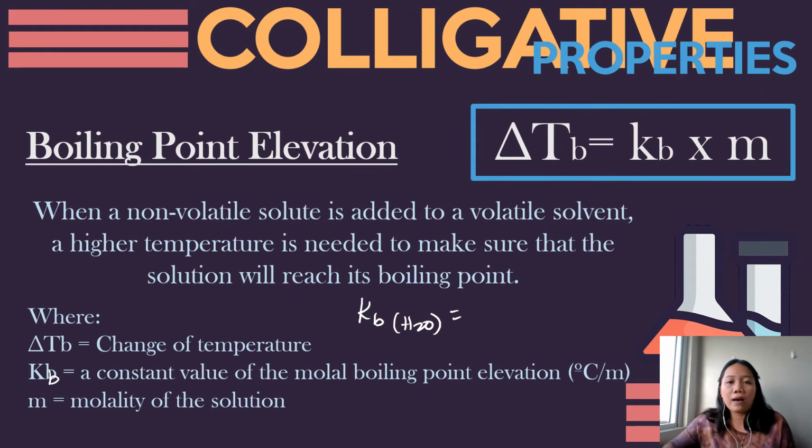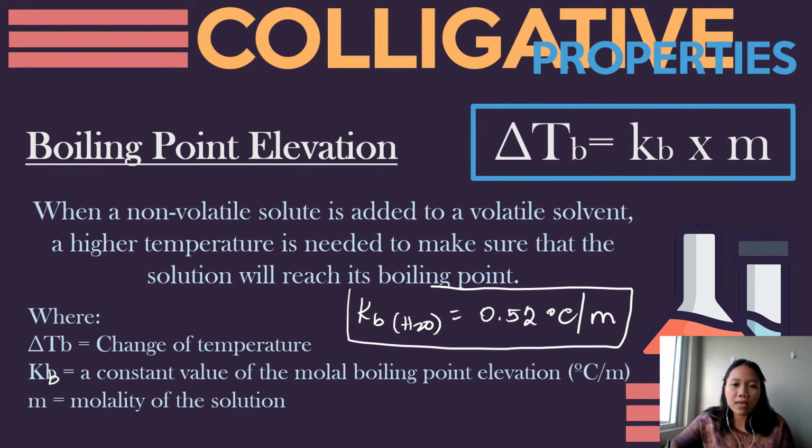Pero, yung mga problem that involves water as their solvent, hindi na nila binibigay yung K sub B. So, parang kailangan nyo talaga siyang i-memorize. So, for your K sub B of water, that is 0.52 degrees Celsius per molal. So tatandaan yan. That is the constant value K sub B. Now, let's have an example under boiling point elevation.